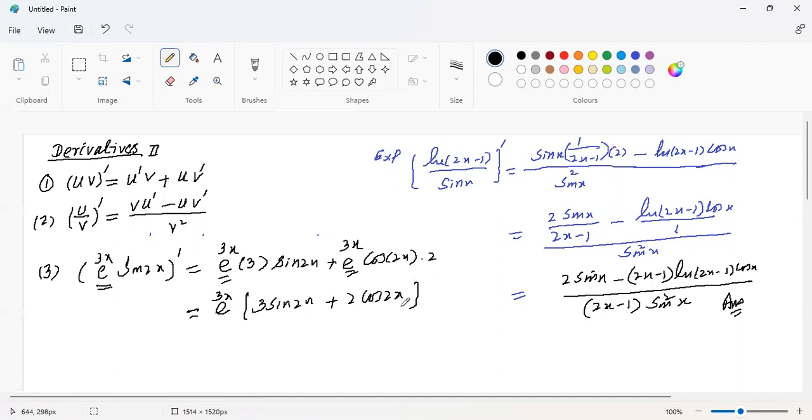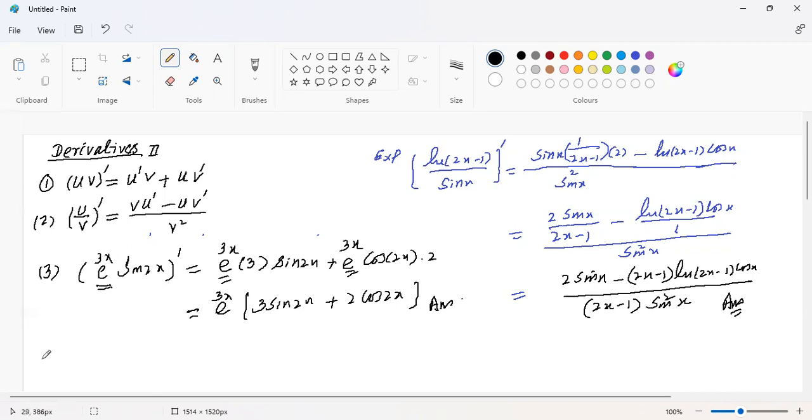So we completed the differentiation. It is your answer. Keep in your mind, you can simplify this further, but avoid further simplification, because if you make some mistakes, the examiner will deduct your marks. So keep your solution up to this stage.